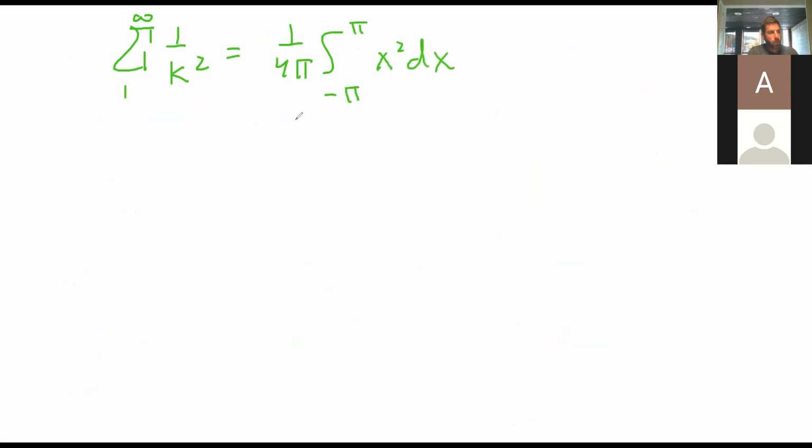So what you end up getting is that the sum of 1 over k squared from 1 to infinity is 1 over 4 pi, the integral from -pi to pi of x squared dx. Now, this is 2 over 4 pi, the integral from 0 to pi of x squared by symmetry, just to make it a little easier to evaluate.